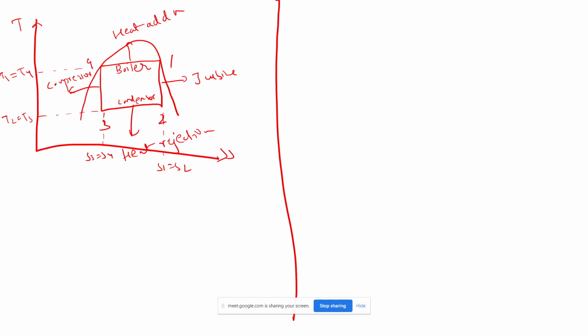So this T2 equal to T3 we can also call the lower temperature, and the other is the higher temperature. So what will be the net work output for this cycle? Turbine work minus compressor work.